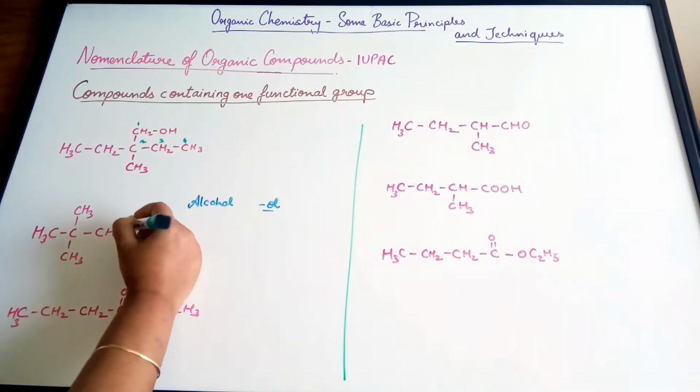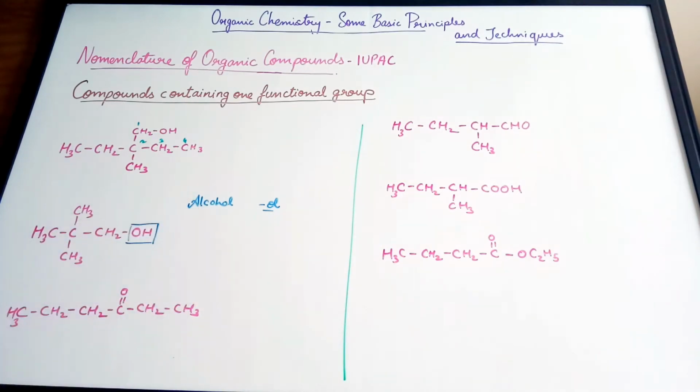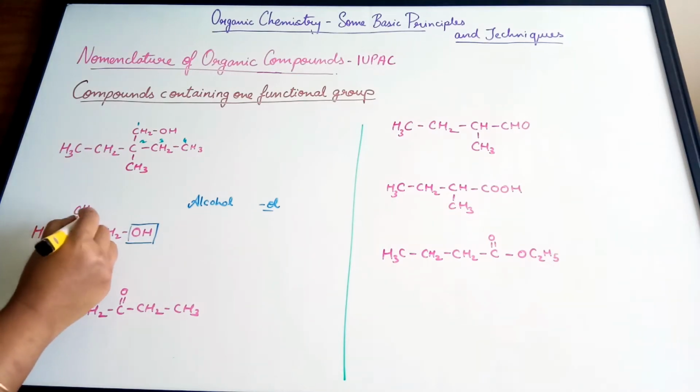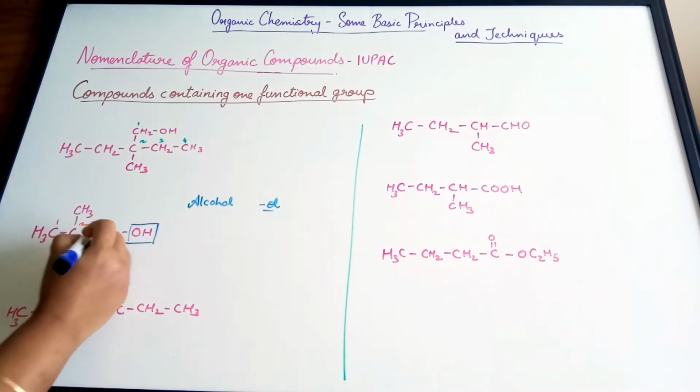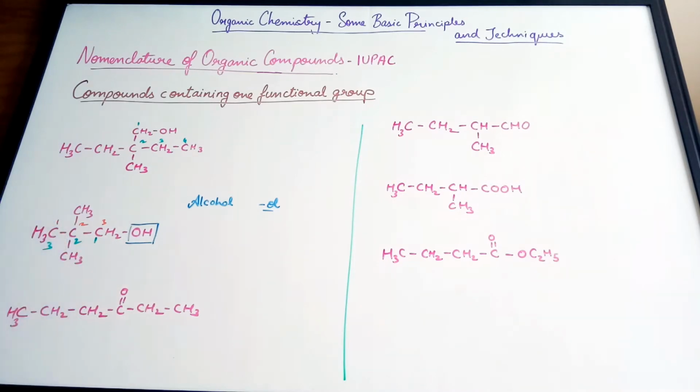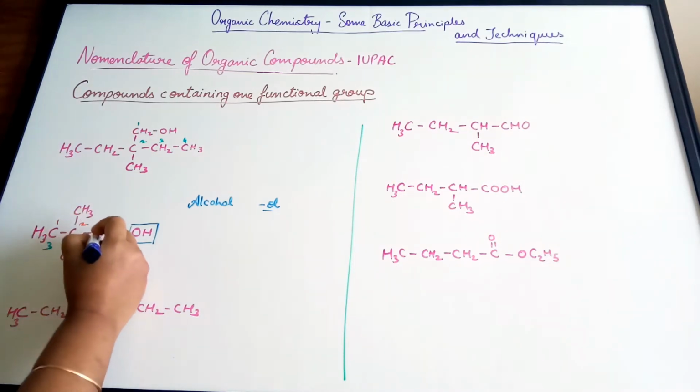Now we need to number this carbon chain in such a way that this OH gets the least position. Similar to what we did up until now, we'll be doing it both ways. So you have 1, 2 and 3, or it can be the other way round. And we know that 1 is obviously lesser than 3, so this is what is picked.